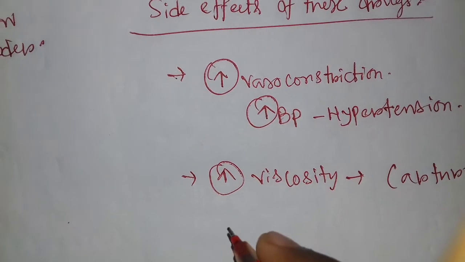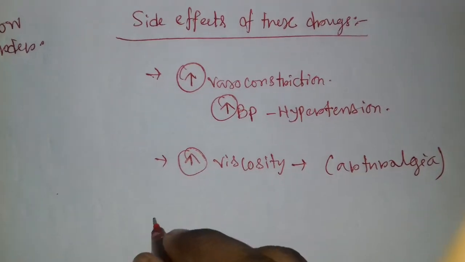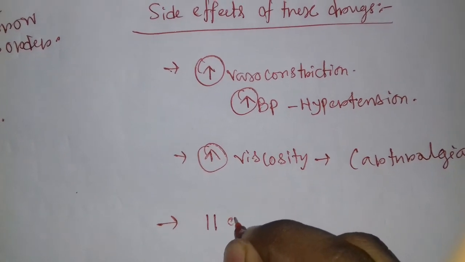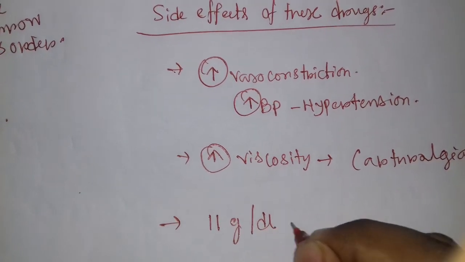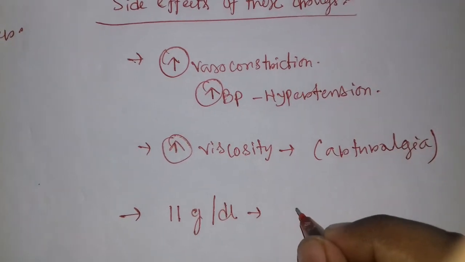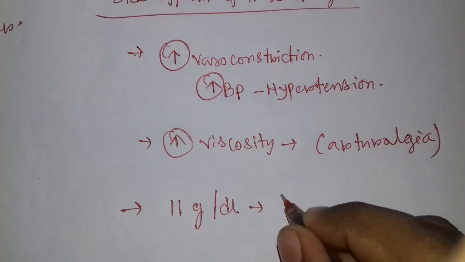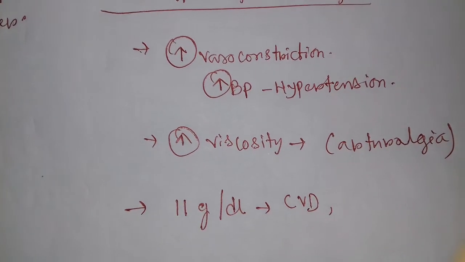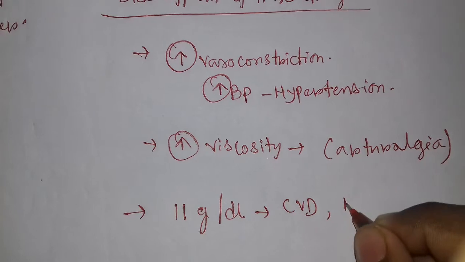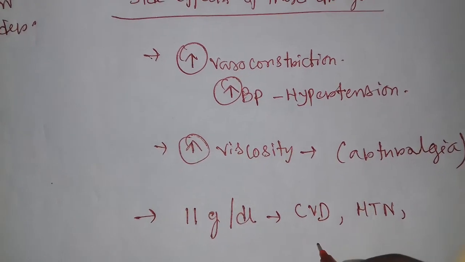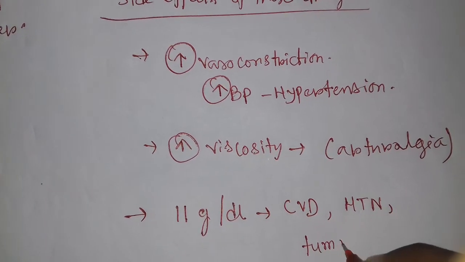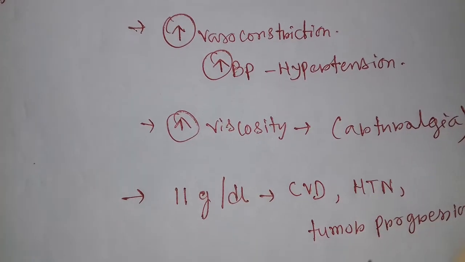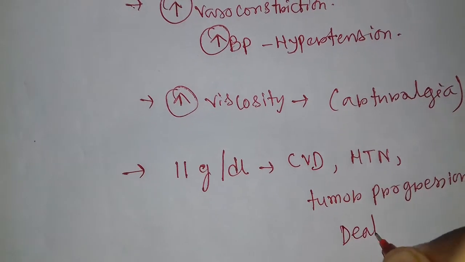And if they are given for a target hemoglobin, that is if the target hemoglobin is 11 gram per deciliter and this therapy is given, they are often seen to create some really bad effects like cardiovascular diseases, hypertension, there is tumor progression, and also there are some cases of deaths also.